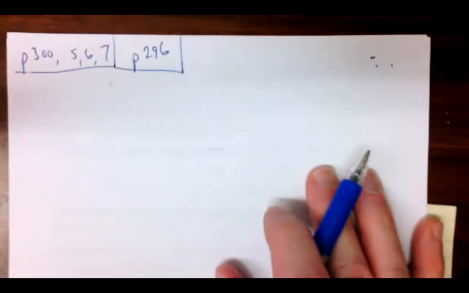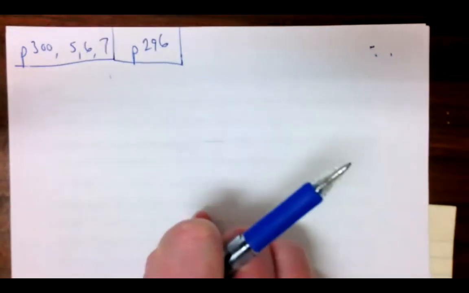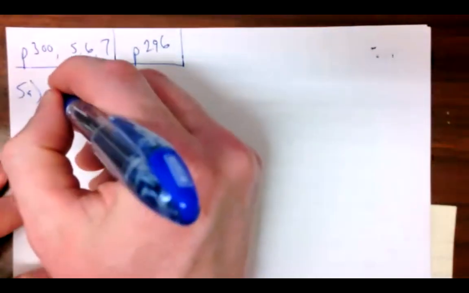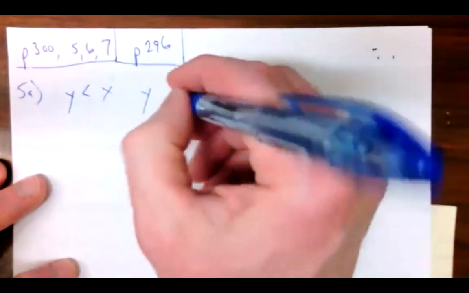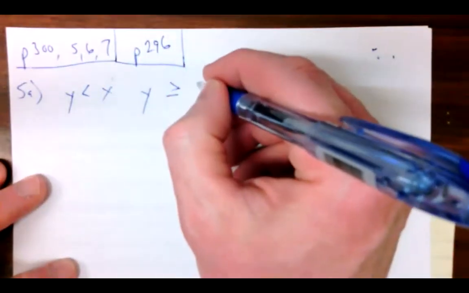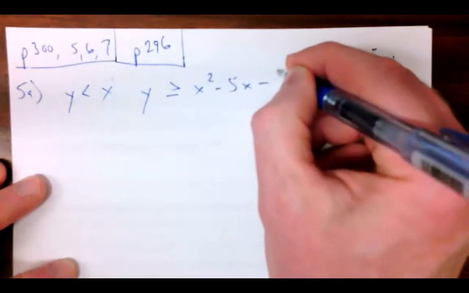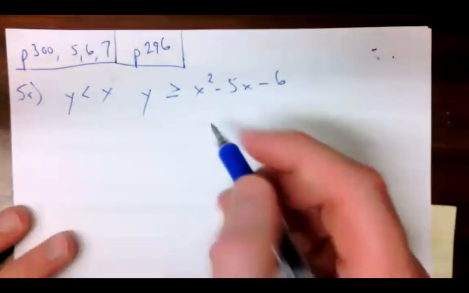Okay, so number 5 on page 300 says sketch the graph of each system of a linear and quadratic inequalities. So 5a, I'm given y is less than x and y is greater than or equal to x squared minus 5x minus 6.